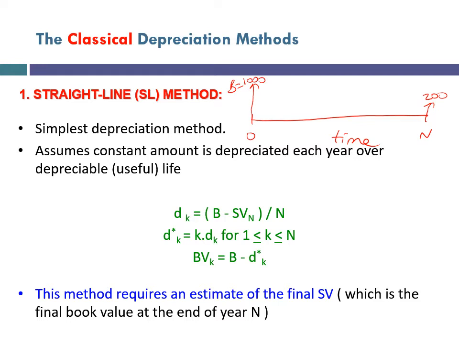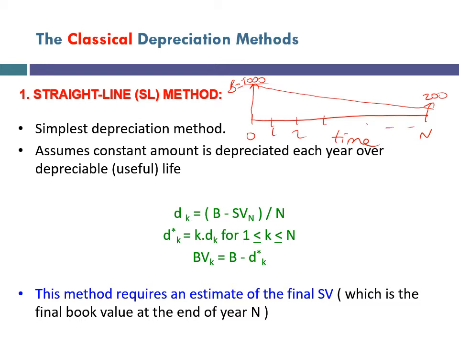And the straight line method says that the initial value of the property, 1000, will reduce to 200 during these many years. Okay, year 1, year 2, up to year n.